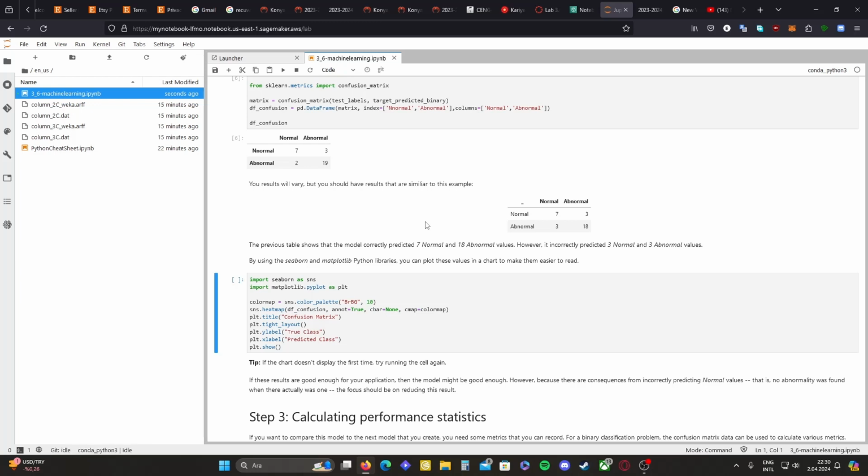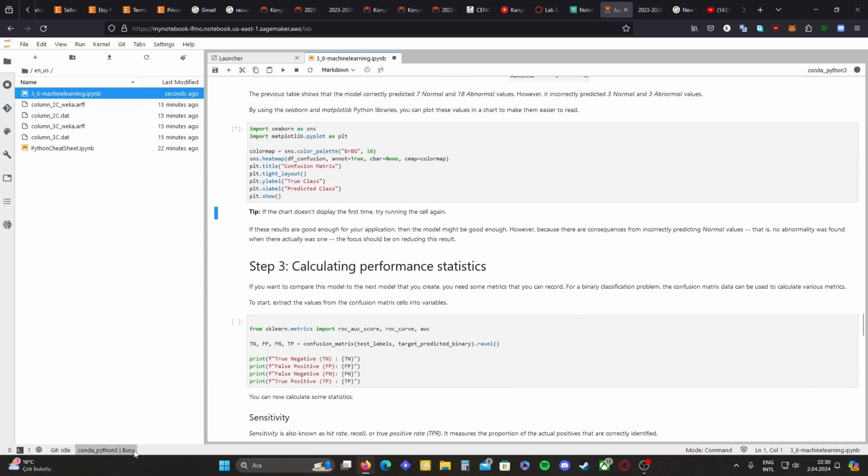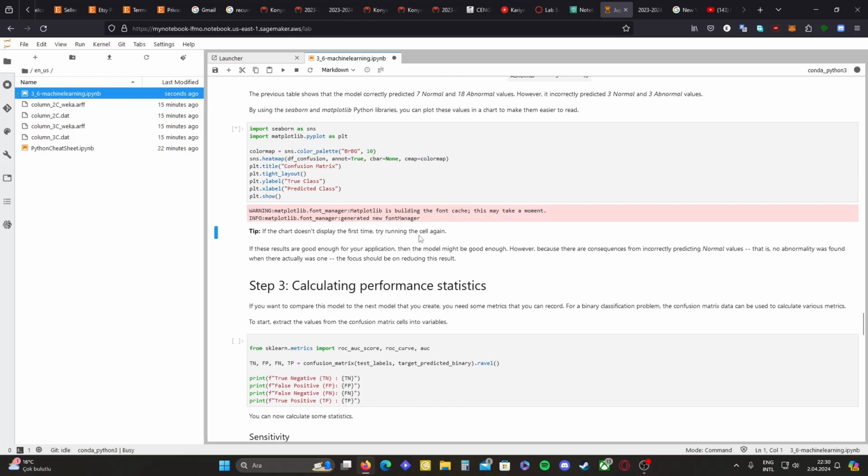By using the Seaborn and matplotlib Python libraries, we can plot these values into a chart to make them easier to read. If the chart doesn't display the first time, try running the cell again.